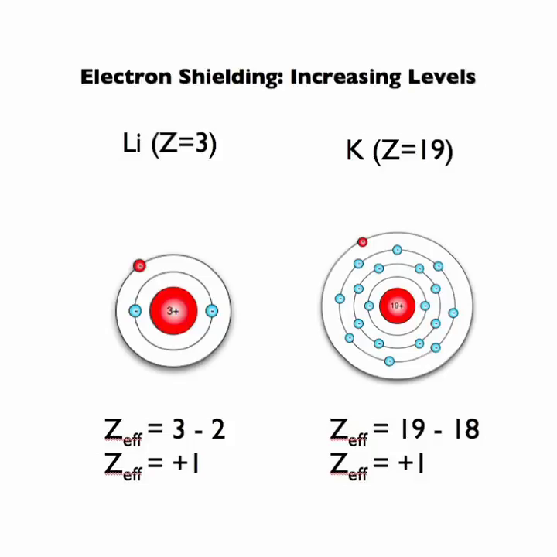So potassium has 18 core electrons and 1 valence electron. Again, these core electrons shield the valence electrons from the full force of the nucleus. So we can calculate the effective nuclear charge here. The effective nuclear charge is 19 protons minus 18 core electrons to give us an effective nuclear charge of 1. So both lithium and potassium have an effective nuclear charge of 1.